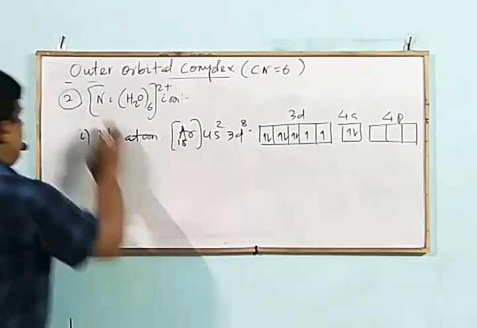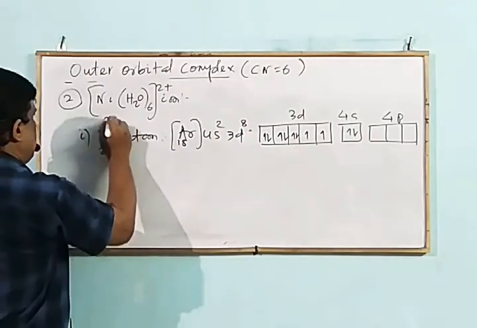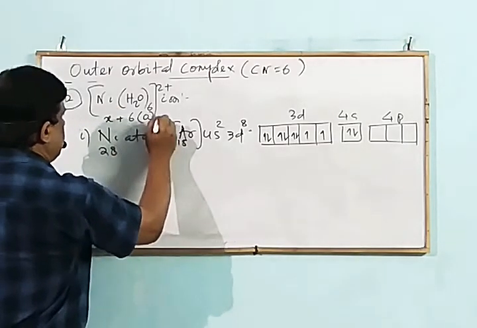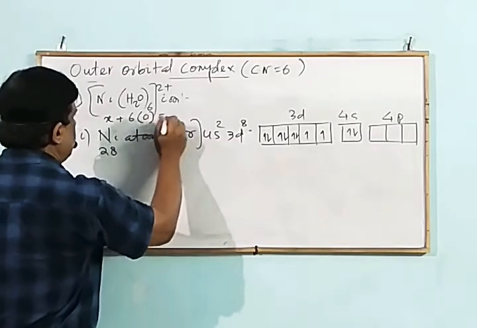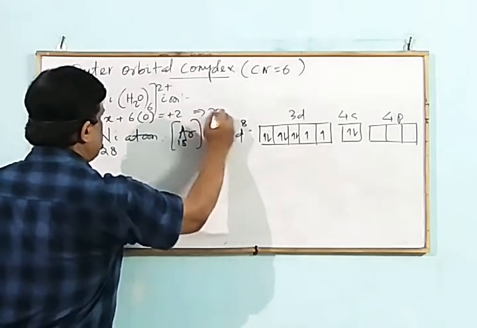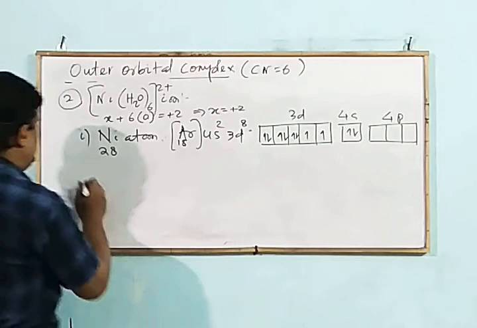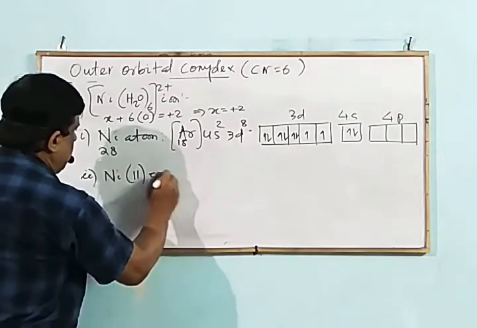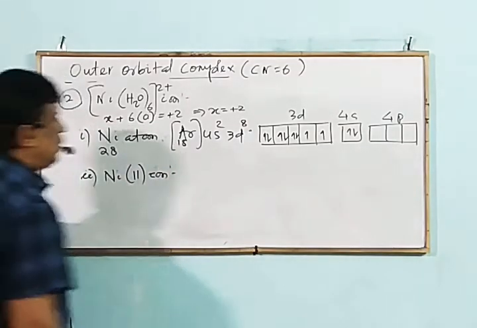From this we have to calculate the oxidation number. It is not known, let it be x, plus 6 into neutral ligand, 6 into 0, is equal to plus 2. On solving, x is equal to plus 2. That means nickel is in plus 2 oxidation state. It loses 2 valence electrons.